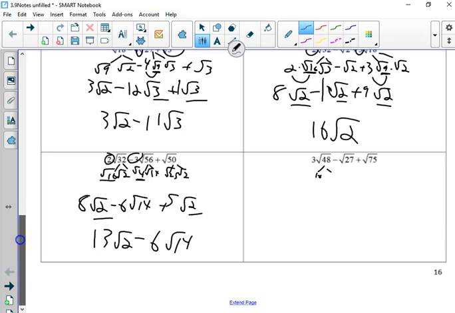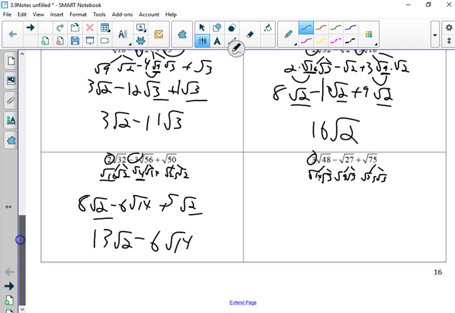48 is 16 and 3. 27 is 9 and 3. 75 is 25 and 3. Don't forget about this right here. Once you get used to it, you don't have to write the radicals on all of them, but technically these are all radicals, so don't forget that.